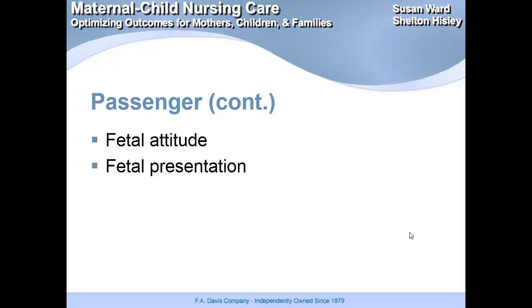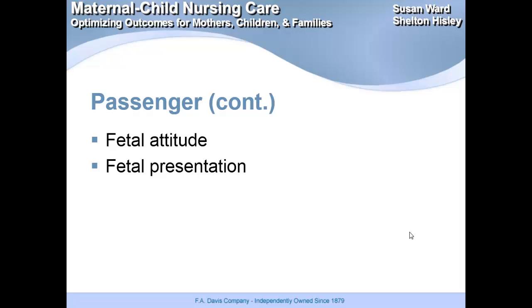And then the attitude is the relationship of the fetal body parts from one to the other. So this is like the fetal position, how the baby is normally in a flexed position.